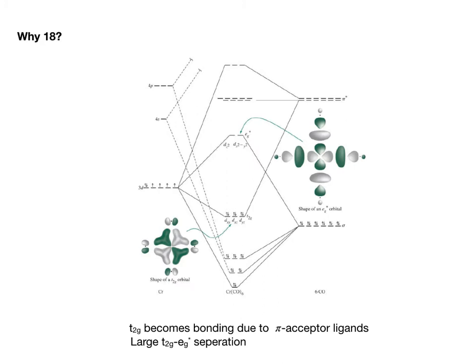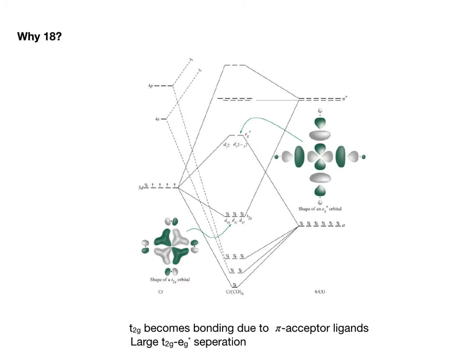Basically you have the T2g and eg star levels, and in this case carbonyl is a pi acceptor ligand, so you have empty pi orbitals on the top right, and the presence of those orbitals pushes down T2g. Now if you only consider a sigma donor interaction, then T2g will normally be a non-bonding orbital.